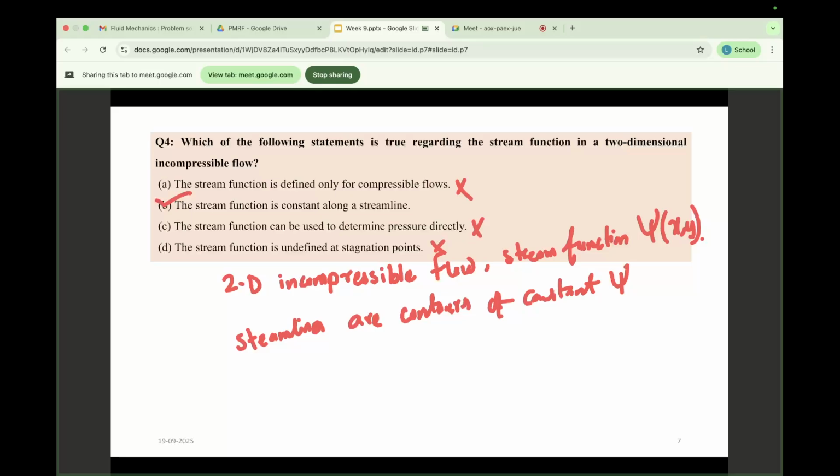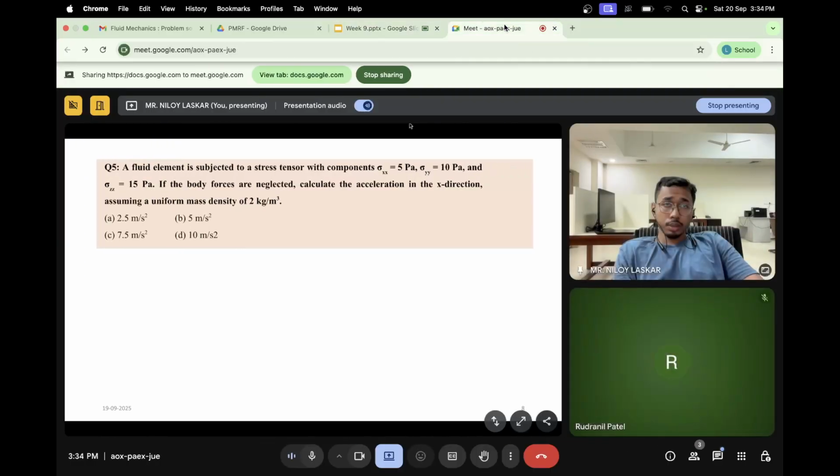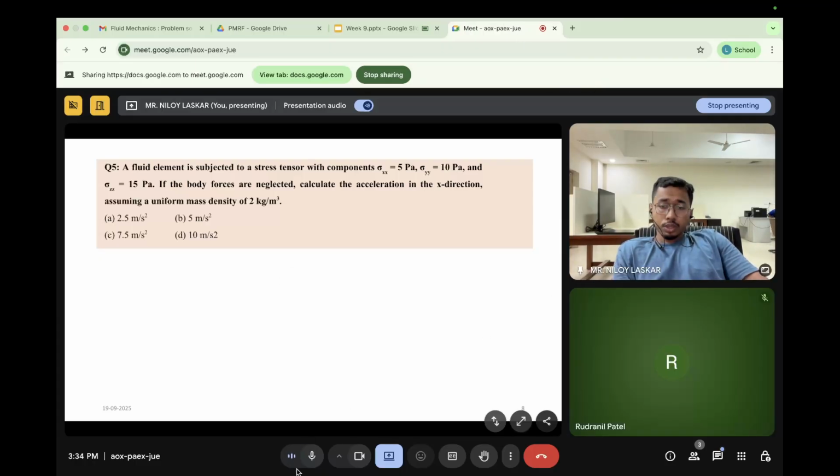Okay. So I am moving to the next question. I hope you understand. This is another theoretical concept. So please try to solve this one. I am again giving you a few minutes to solve this one.